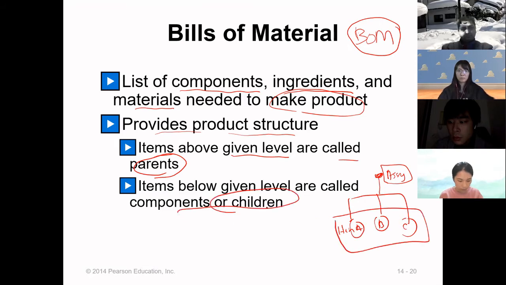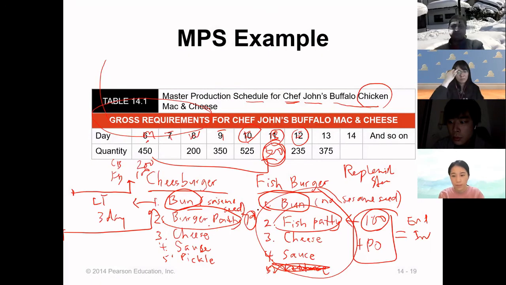These are the children. This is the parent. So items below a level are the components or the children. The above are the parents. Okay.